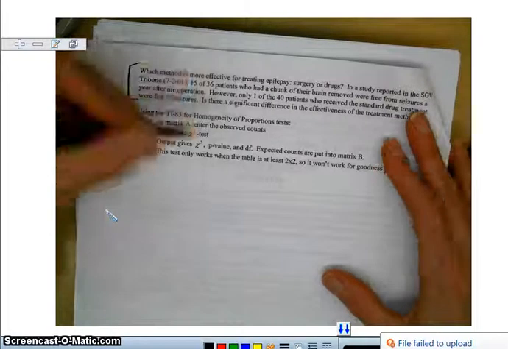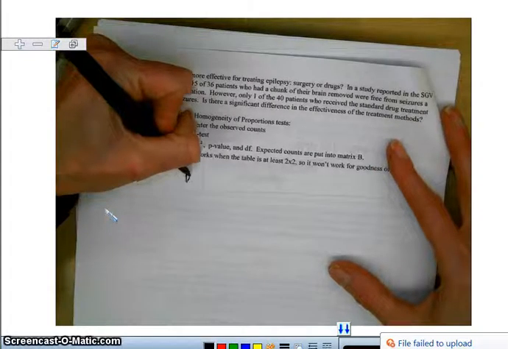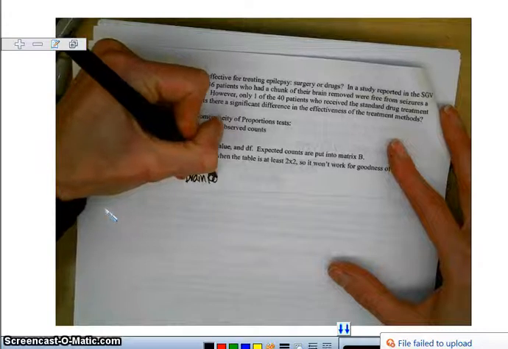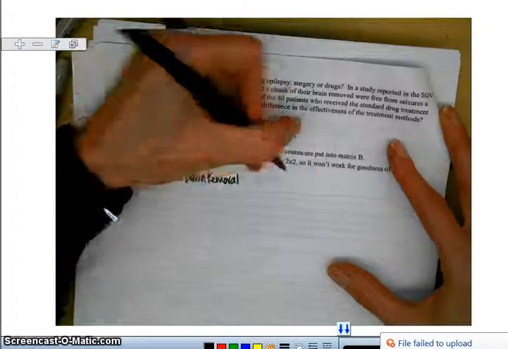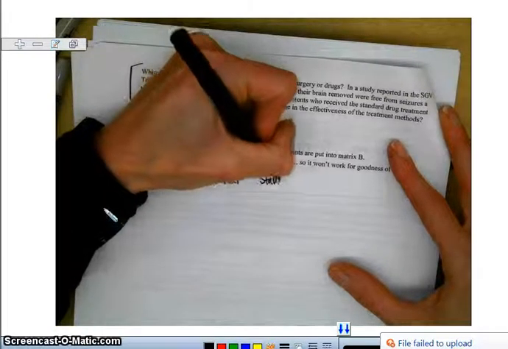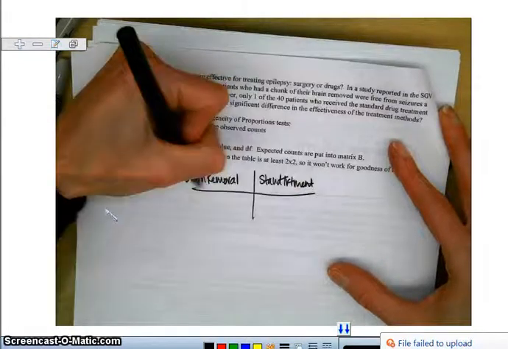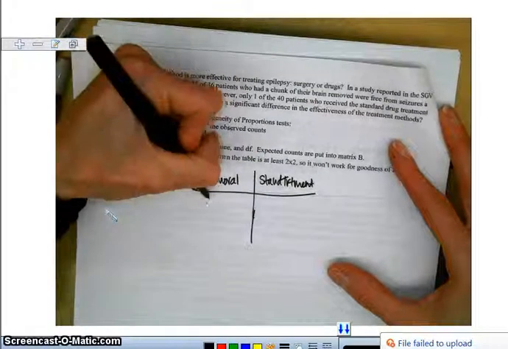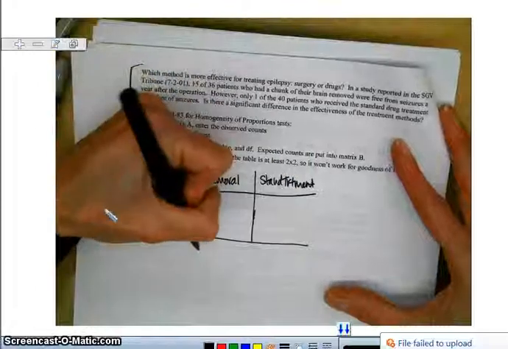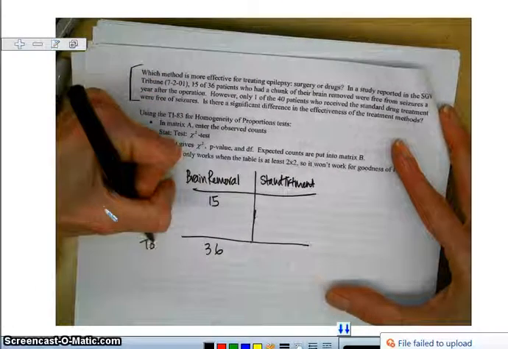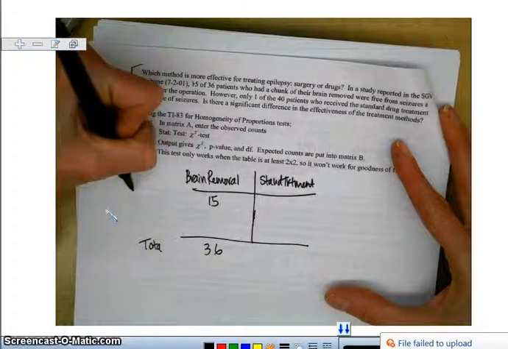All right, so there's 2 treatments. One is brain removal, and the other is standard treatment. Okay, so the brain removal, we had 15 out of 36, this will be my total column, that were seizure-free.